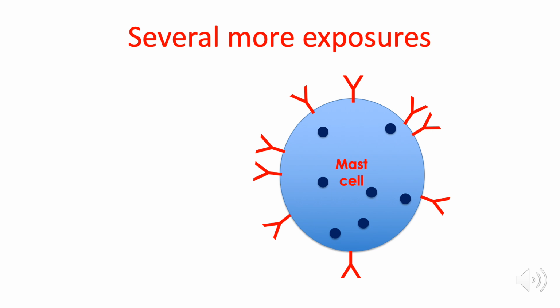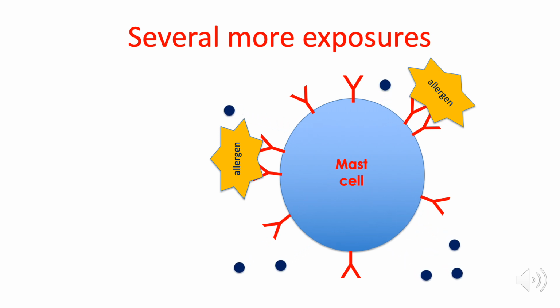There will come a time that if you are exposed again to the same type of allergen, one allergen now can cross-link two IgEs because the IgEs are already crowding on the surface of the mast cell. And that will now trigger the fusion of the vacuoles containing the histamine to the membrane of the mast cell, causing now the histamine to be released.